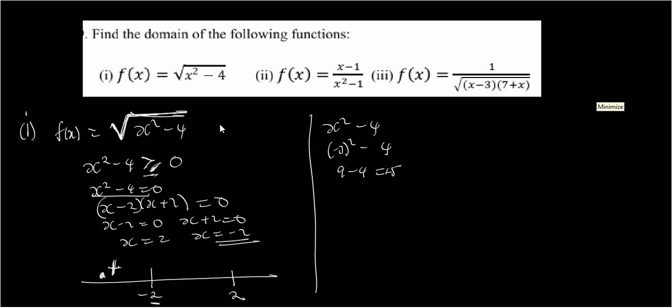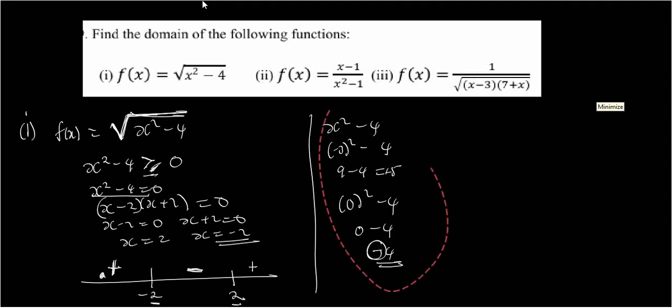The numbers between negative 2 and 2, I can say 0. If I put 0 here, it's 0 minus 4, which is negative 4, so here it's negative. Then you also test this side. I'll put 3, so it will be 9 minus 4, which is positive.